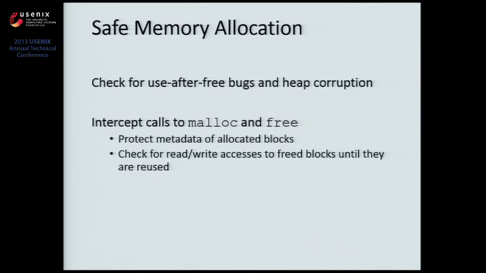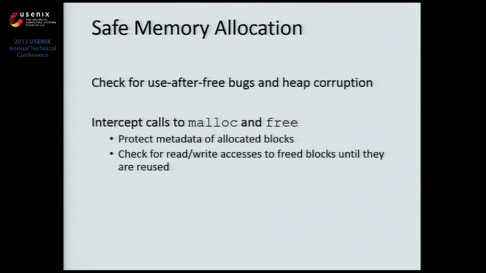An obvious extension is safe memory allocation, where we check for use after free bugs and heap corruption of a running application. We are already running in a binary translator, so it's easy for us to intercept all calls to malloc and free. The basic idea is to protect the metadata of allocated blocks, the 4 bytes before and after the block, with something similar to watchpoints, and we trap into the checker if the application accesses these points.